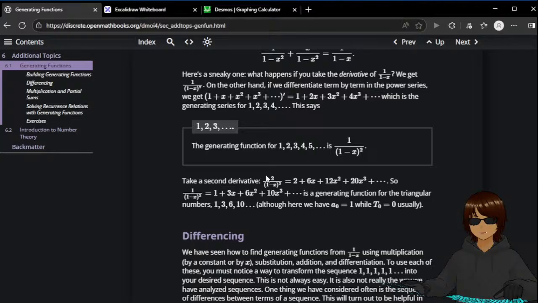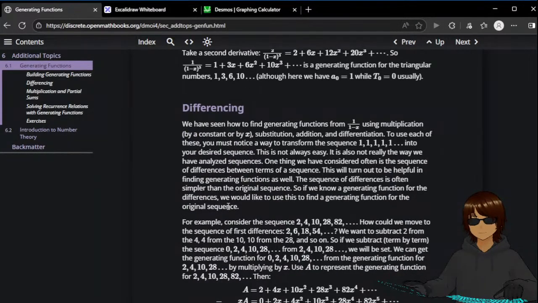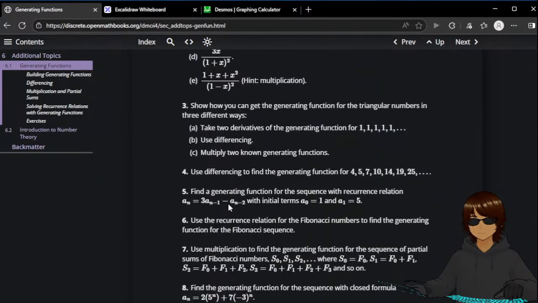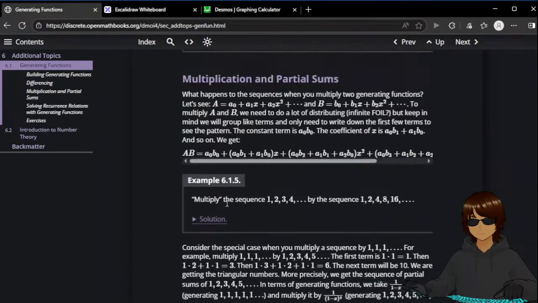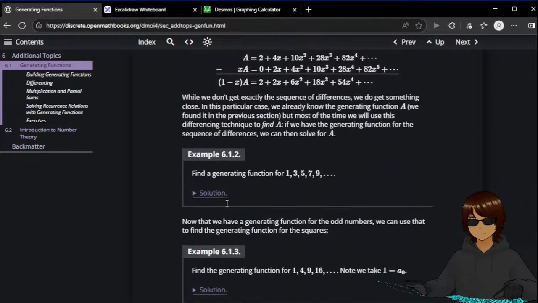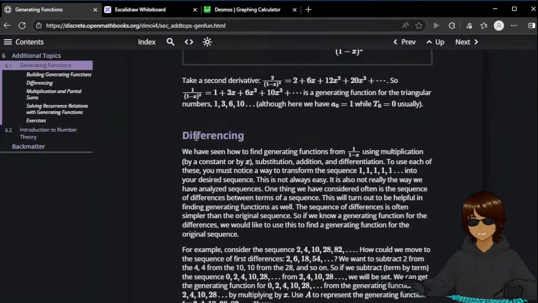Take the second derivative, 2 over (1 minus x) cubed. This is the generating function for the triangle numbers. We have seen how to find generating functions from 1 over 1 minus x using multiplication, substitution, addition, and differentiation.